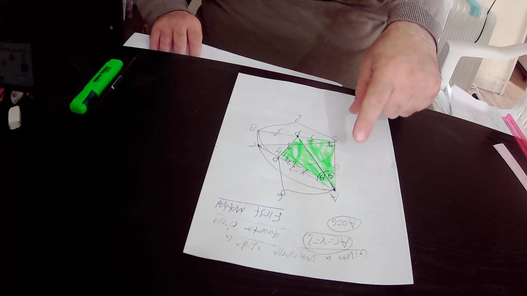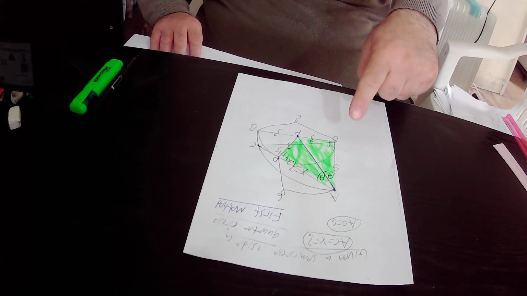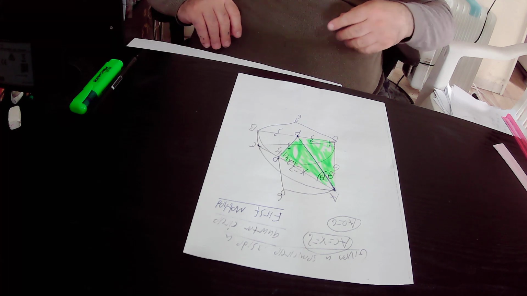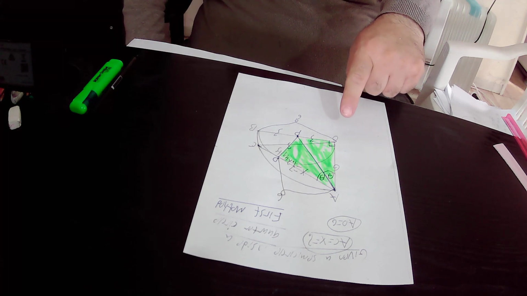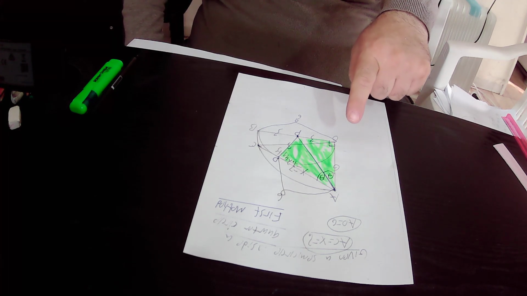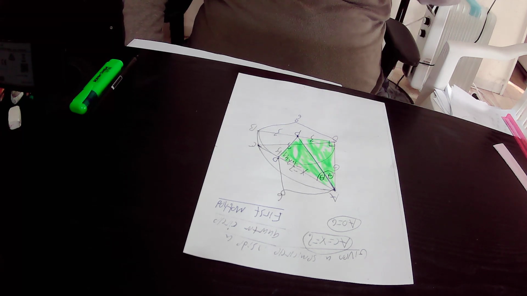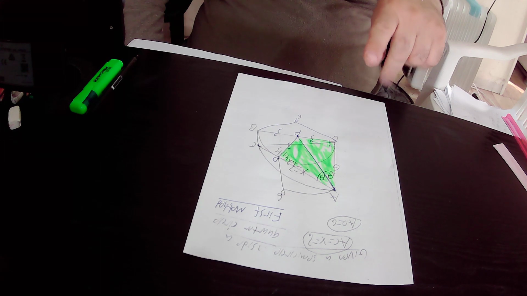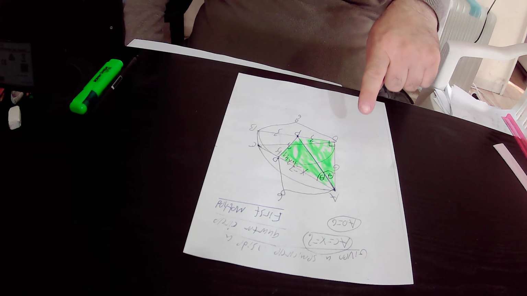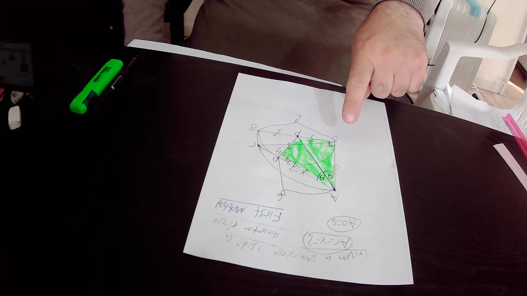And here, line segment AO is the radius of the quarter circle because it starts from point O, that is the center of the quarter circle, and then at point A, that is the point on the quarter circle itself, and this is exactly the definition of a radius. That is to say, AO is the radius of the quarter circle that is equal to 6 units.